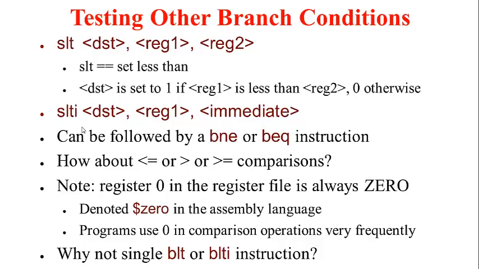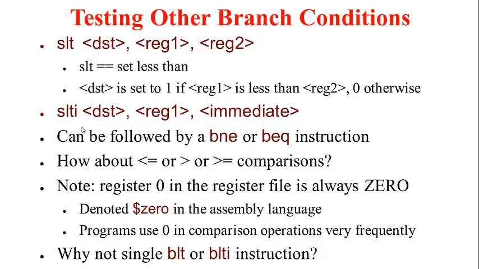We have so far looked at branch instructions which support testing of equality. Branch if equal as well as branch if not equal test for equality. However, there are several situations where we want to compare something not on equality but on value lesser than or greater than. It turns out for this we need help from other instructions.